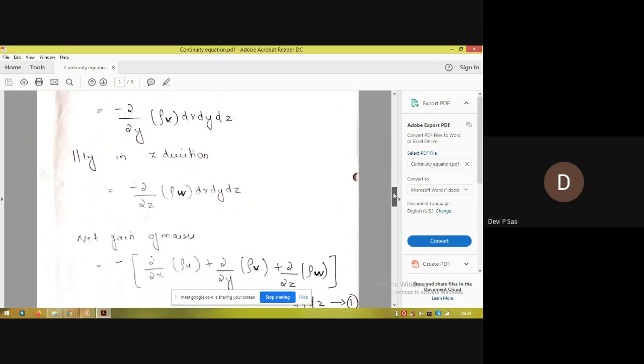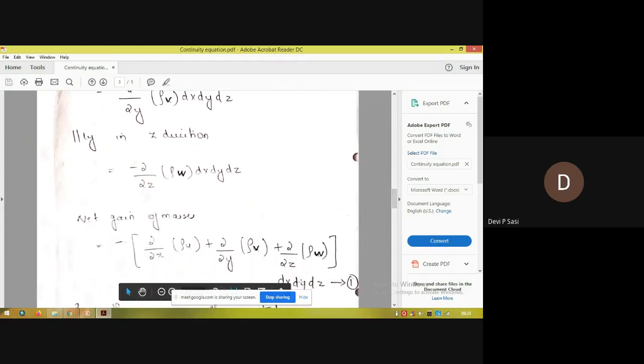Taking the minus sign and dx dy dz outside, it will be dou by dou x of rho u plus dou by dou y of rho v plus dou by dou z of rho w. Assign this as equation 1.